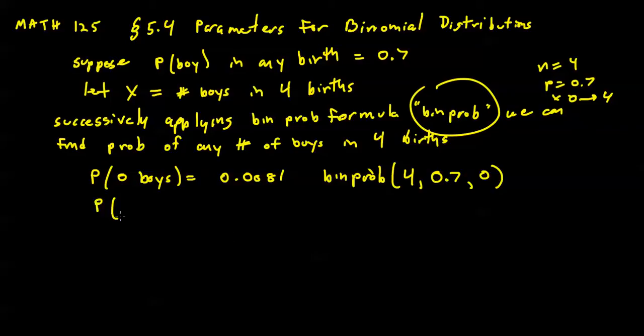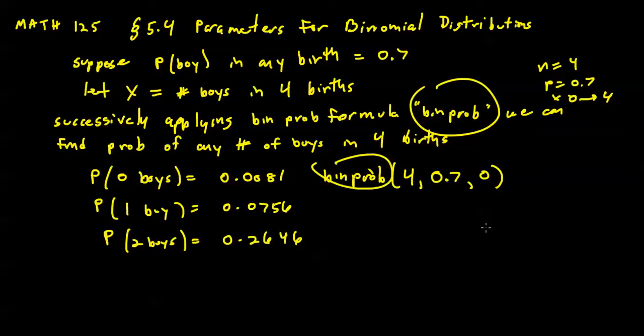I can similarly grind this out for the probability of 1 boy. That's 0.0756. The probability of 2 boys is then 0.2646. Again, using the same Binomial operator and just changing the desired number of successes.